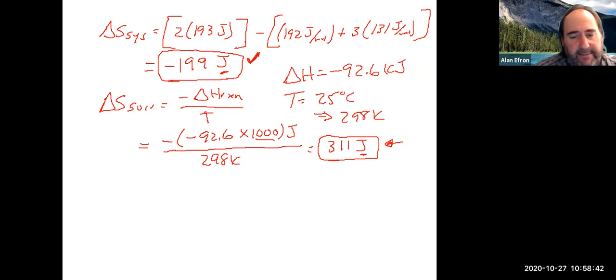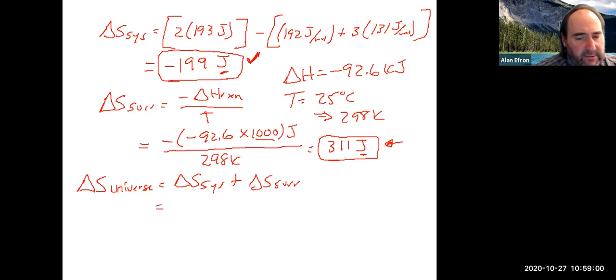Now, the reason I put them both into the same units is because really we want to know if this is going to be spontaneous. So we need to calculate delta S of the universe, and that is our delta S of the system plus our delta S of the surroundings. Here you do need to watch units. Because I converted mine into joules, I'm okay. If you did not convert this into joules, you would have kilojoules here and joules here.